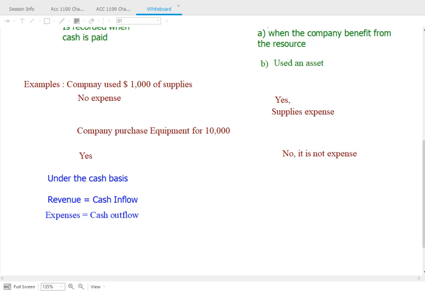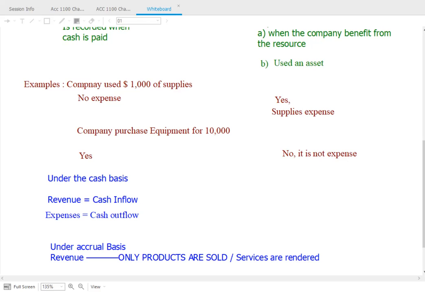Under accrual base, my criteria is different. For the revenue, it is recorded only when products are sold or services are rendered.